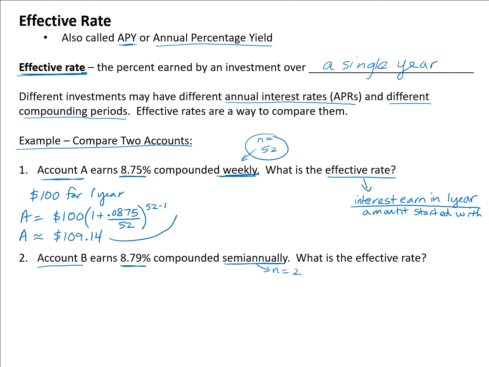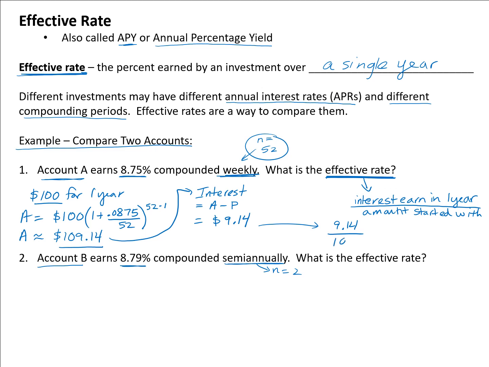The interest for that would simply be to take off that $100. So it would be the amount minus what we started with, the principal. 109.14 minus 100 means that I actually earned $9.14 in interest. The effective rate is to take that interest and divide it by how much we started with.